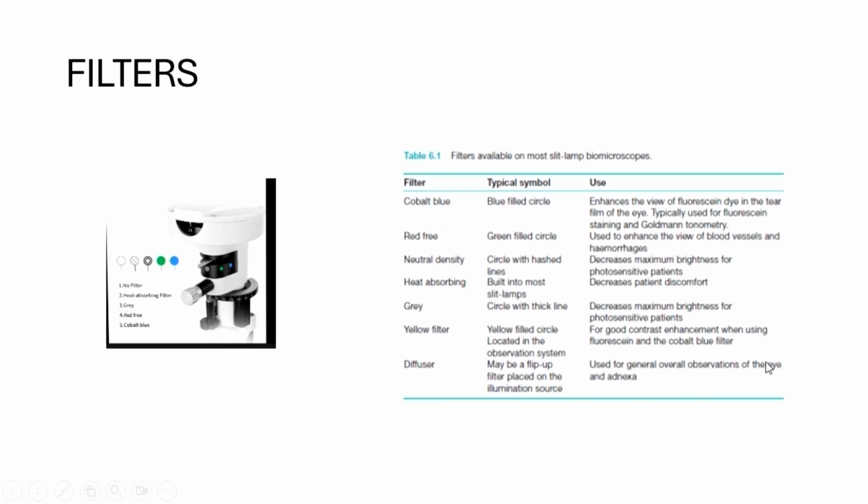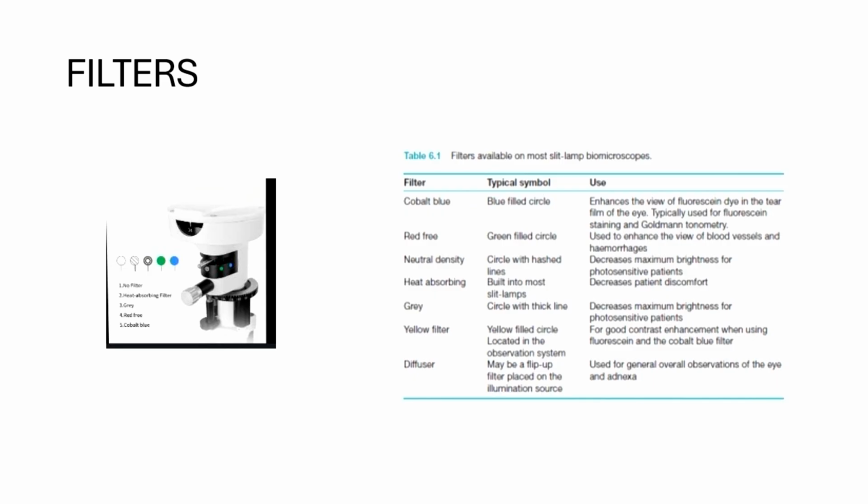Red-free, or green filter, is a green filled circle, and it is used to enhance the view of blood vessels and hemorrhages. Neutral density is a circle with hashed lines, and it decreases the maximum brightness for photosensitive patients. The heat absorbing filter is built into most slit lamps, and it decreases patient discomfort.